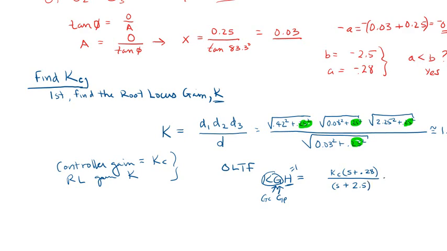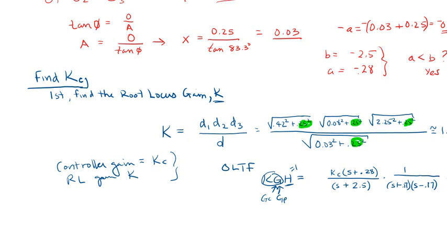And then that's multiplied by GP, and that's 1 over S plus 0.17 times S minus 0.17, and then H is 1.